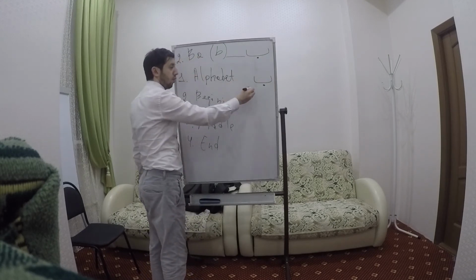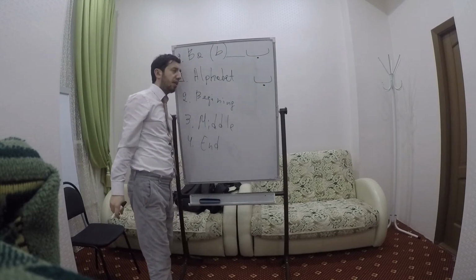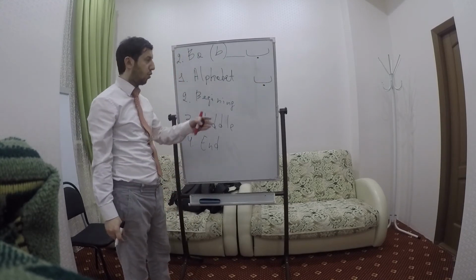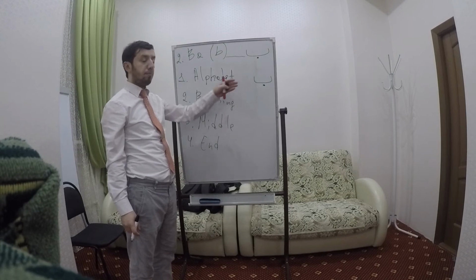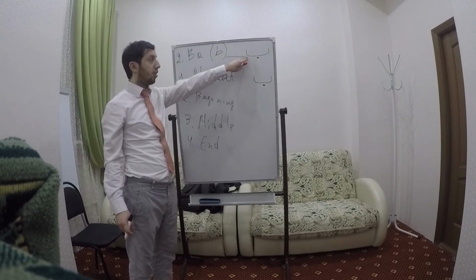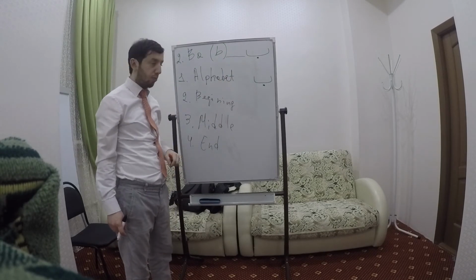Why do we need the alphabet form? For example, if somebody asks you how you read ba, you need to write the alphabet form.